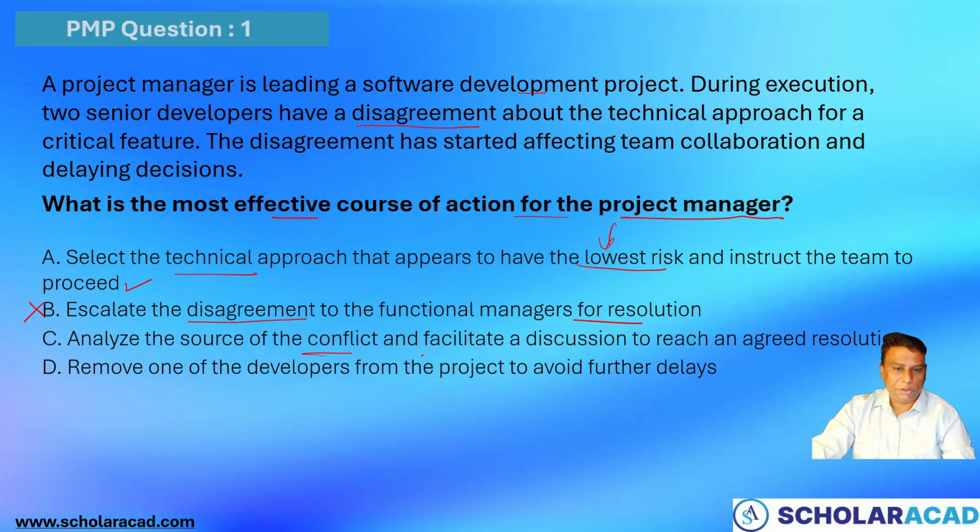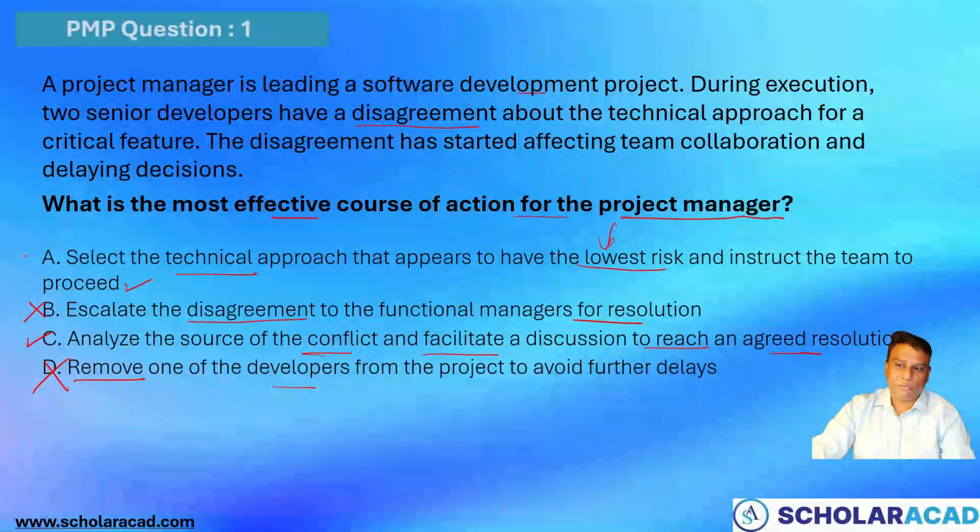Option C: very good, facilitate a discussion to reach an agreed resolution. This looks promising. Option D: remove one of the developers. No, this is the complete distractor. We are not going to win that.